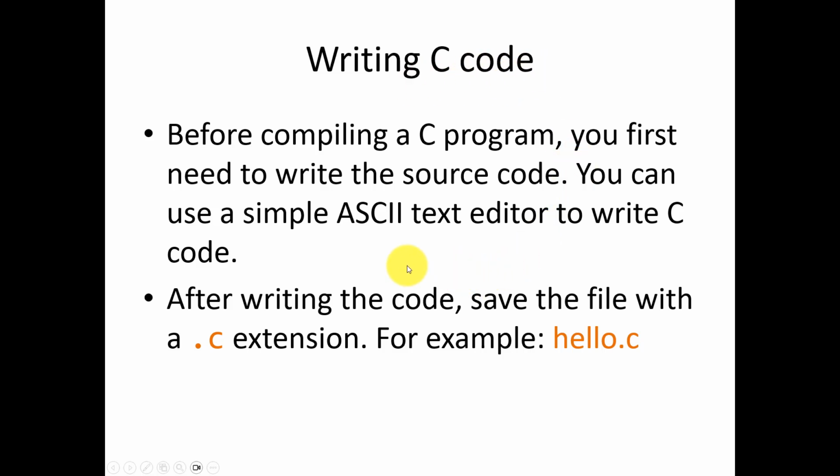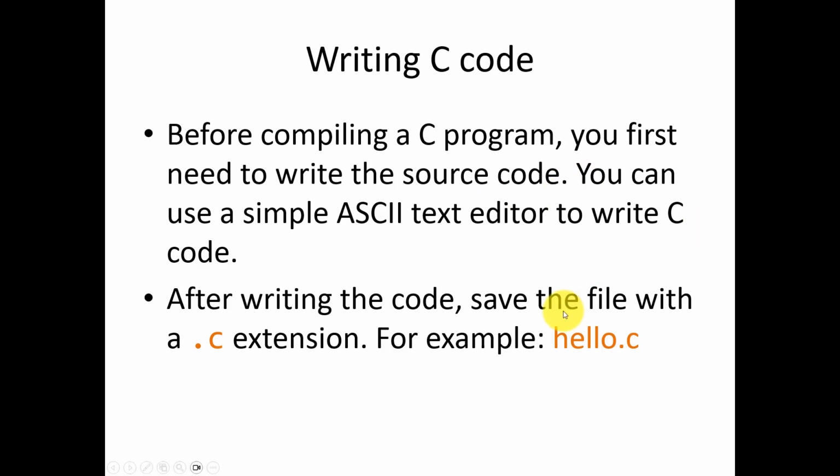This can be a simple ASCII text editor like Notepad. You can use a more specialized code editor like Visual Studio Code or Visual Studio itself. Actually, ASCII is just a way of encoding text into numeric code.